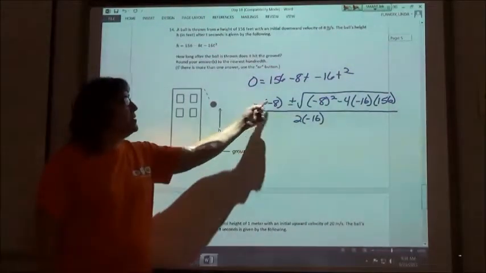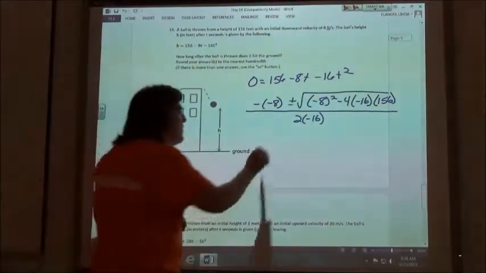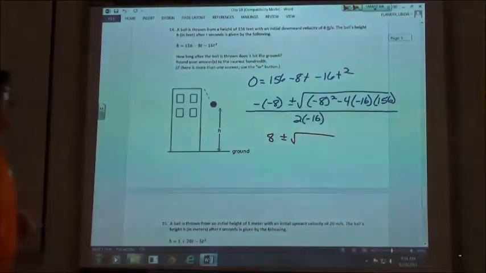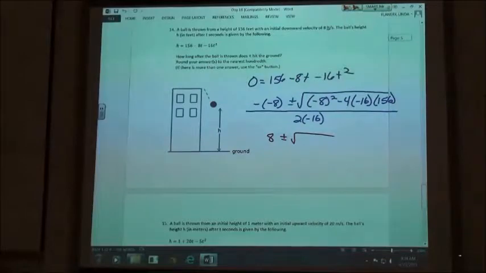So if I have minus a negative 8, obviously that's going to be positive 8. Plus or minus. I'm going to let you use your calculator and figure out what that number under the square root should be.